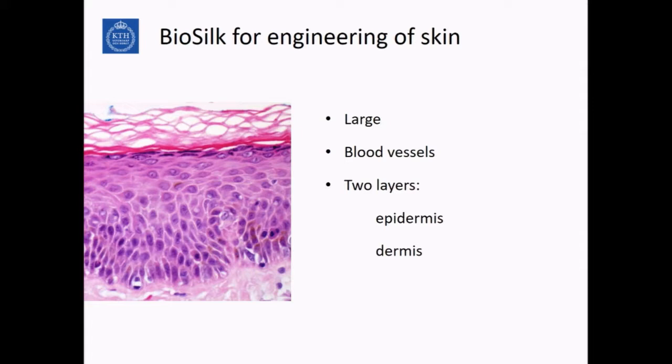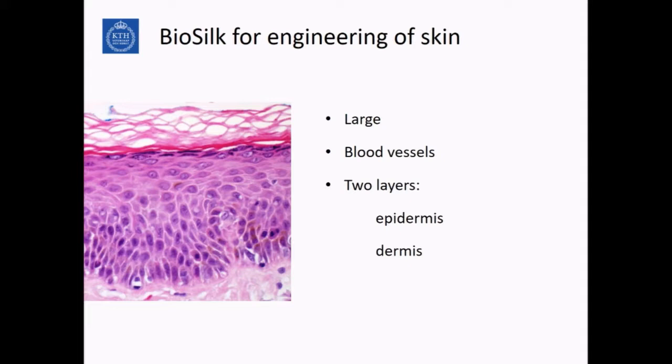Skin is an example of an organ that it would be very good to have an engineered variant of, because then you can do different types of tests of toxicity or drug delivery, etc. But the skin is also our largest organ, so to be able to make a relevant test, it would be good to have bigger pieces of this tissue.